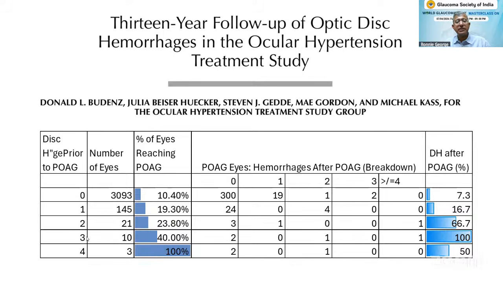If you had 2 or 3 disc hemorrhages, your risk went up to 23 or 40%. That's fairly significant because it tells you that disc hemorrhages are a very important clinical marker for future progression of visual fields. The EMGT also reported that lower perfusion pressures were a risk factor, and this fits into the disc hemorrhage part of the story also.